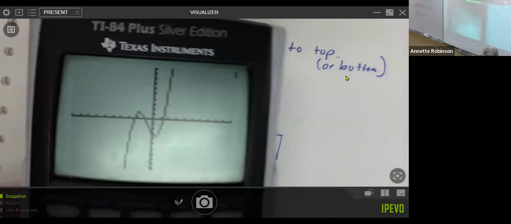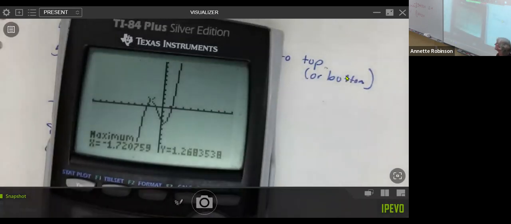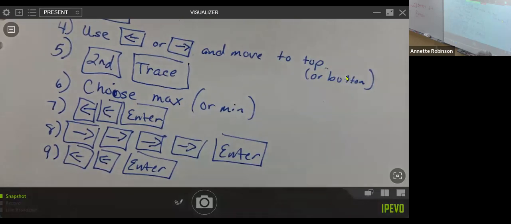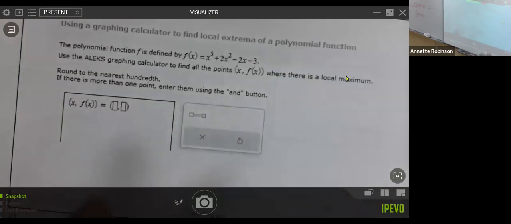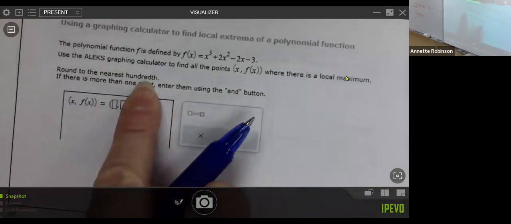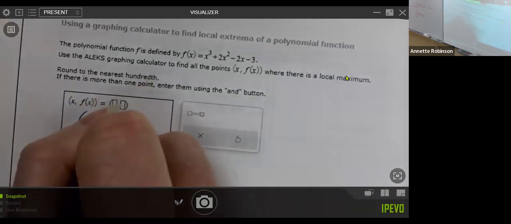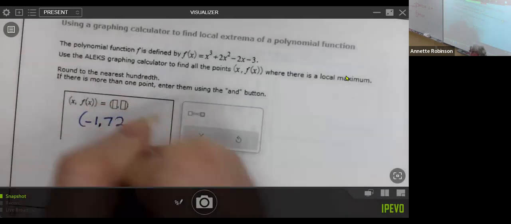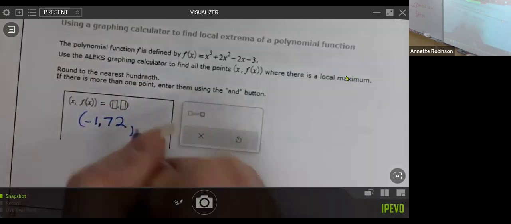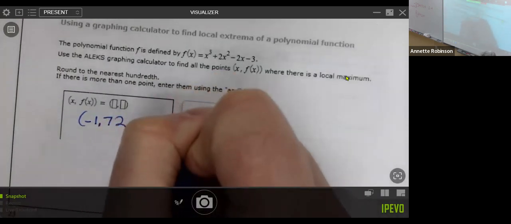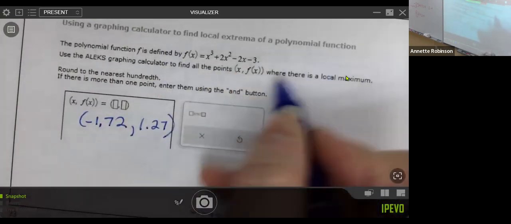Those are the numbers at the bottom of my screen. It wants it as an ordered pair to the nearest hundredth. I do believe that's going to be negative 1.72 and 1.27 to the nearest hundredth.